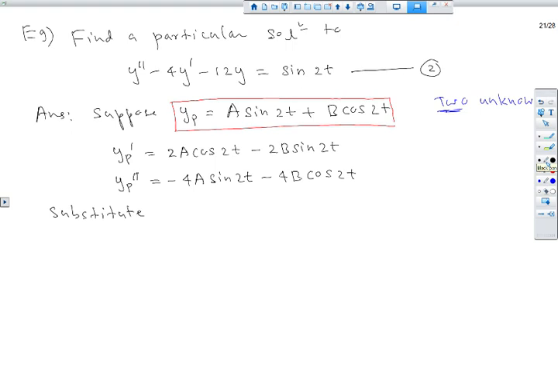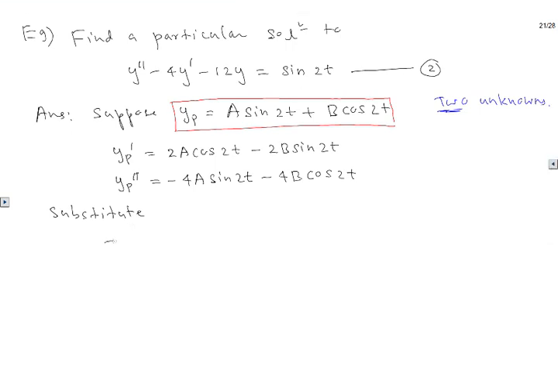The first term becomes negative 4a sine 2t minus 4b cosine 2t.